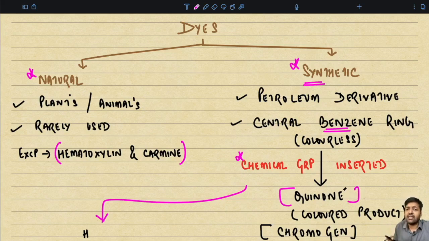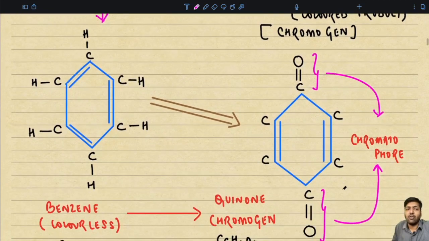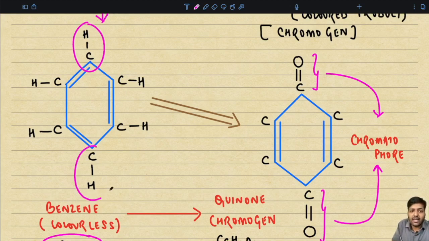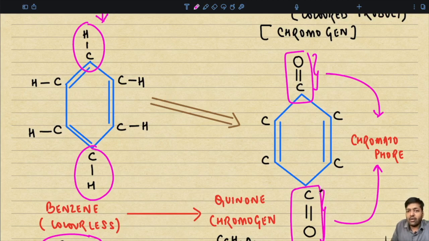To explain this concept in detail, let me show you this chemical structure so that you can understand. Normally benzene is colorless with the formula C6H6. Now if there is a modification and addition of certain groups, for example over here this hydrogen is replaced by this oxygen atom, as we can appreciate, then this benzene, which is a colorless compound, converts into a compound called quinone, which is a chromogen written as C6H4O2.